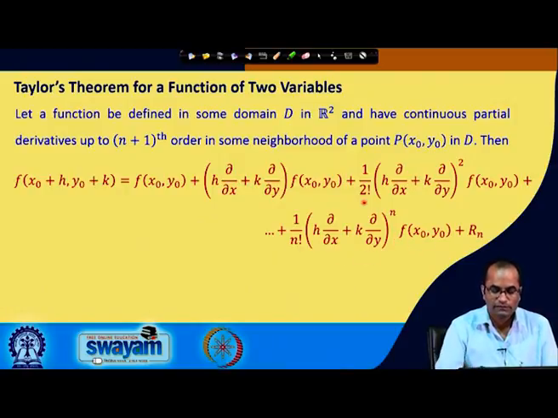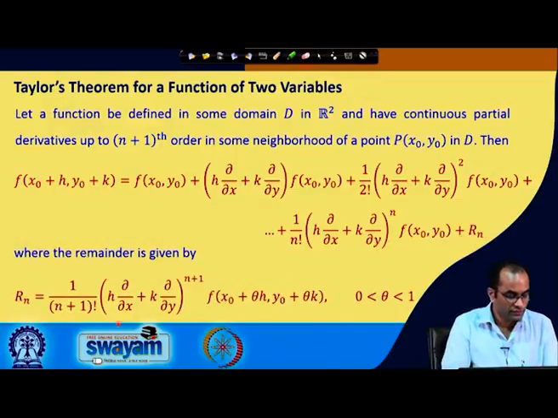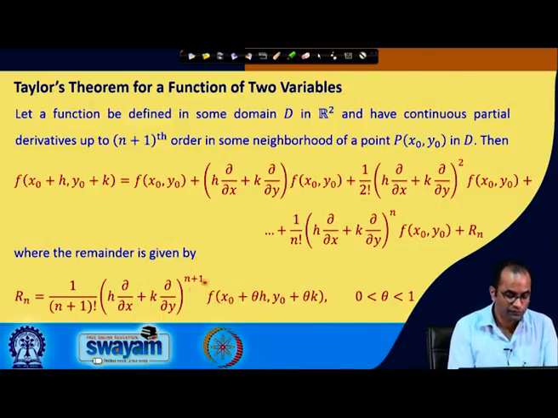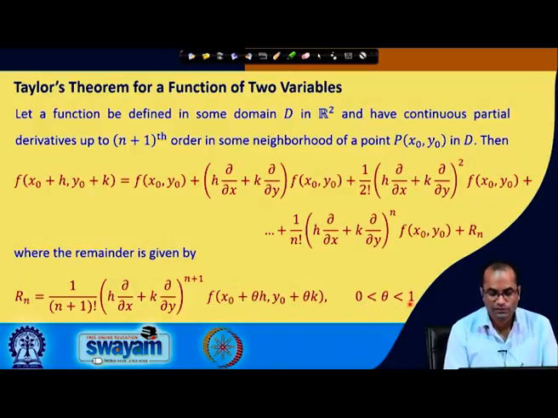So, these partial derivatives will be evaluated at x 0, y 0, all the partial derivatives here, and then the rest term, the remainder term, which is again the continuation of these terms. The only difference is that the point here, the argument of the n plus 1th derivative, which will be appearing because of this term, will be evaluated at x 0 plus theta h, y 0 plus theta k, and this theta is between 0 and 1.